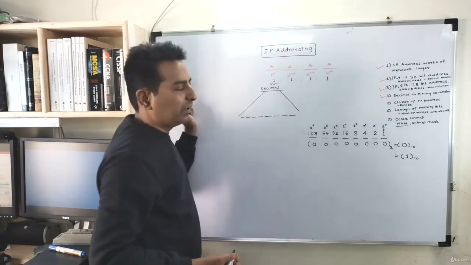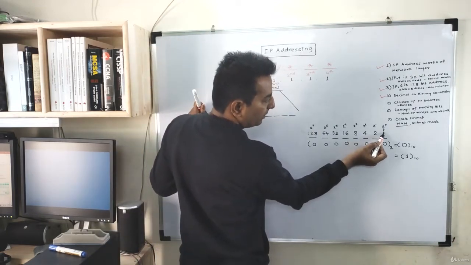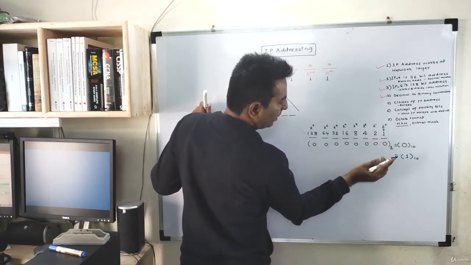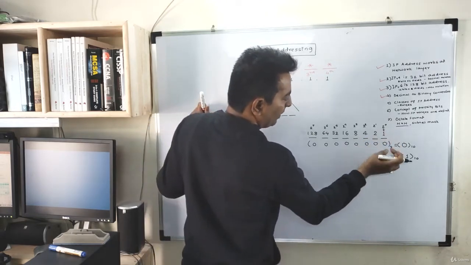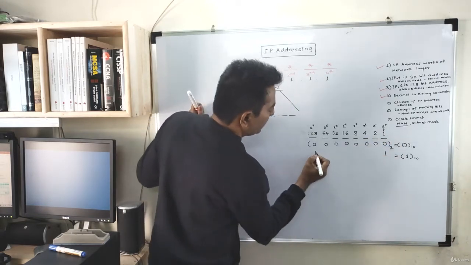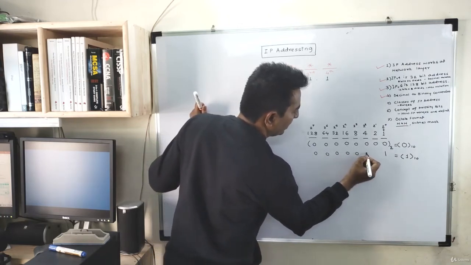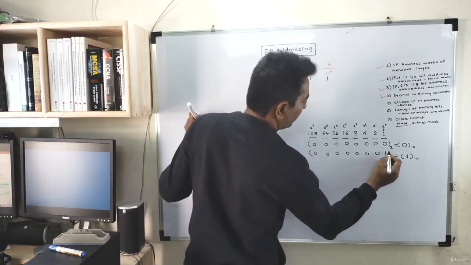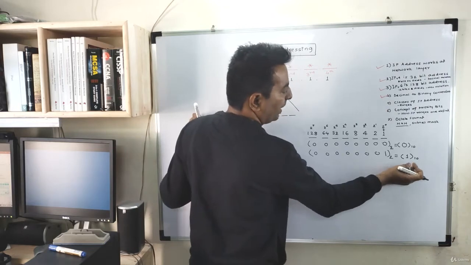Now if you want to create a binary number of decimal 1, so now you want 1. So I'm just using 1 here so that the value is achieved, and the rest of the bits I'm going to make 0. So now this has become the binary conversion of number 1.